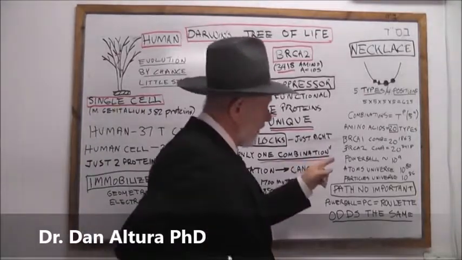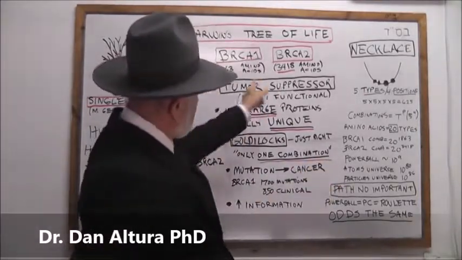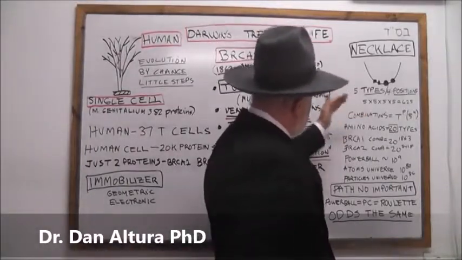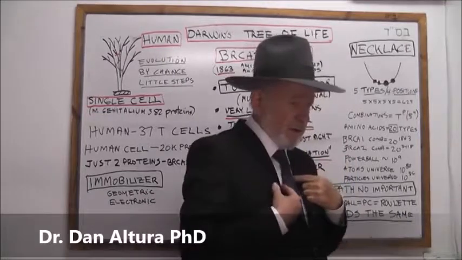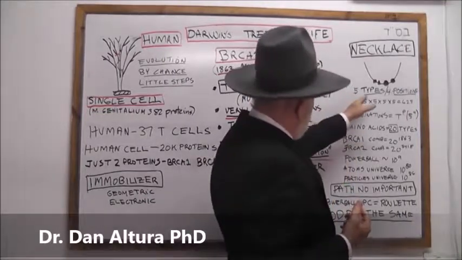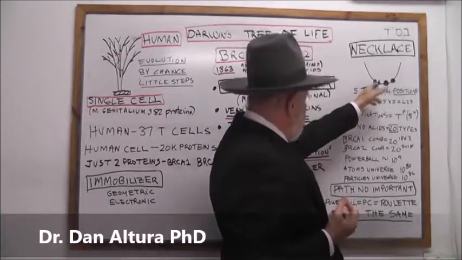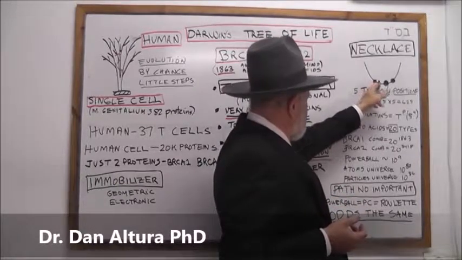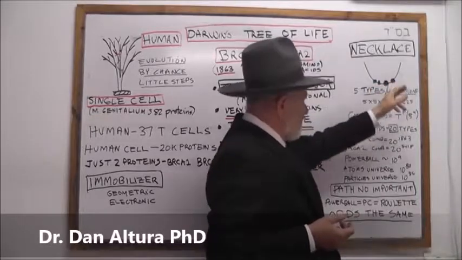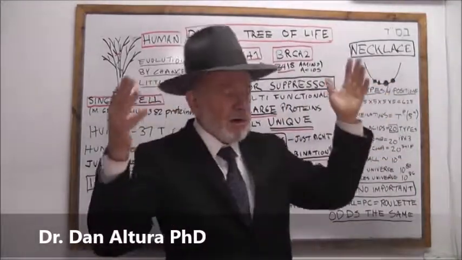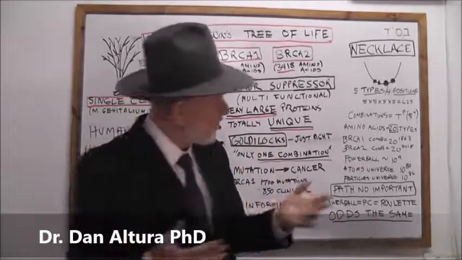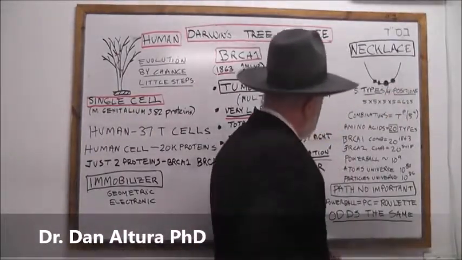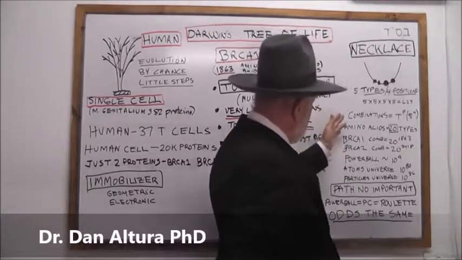Let's take a look and see how many combinations we have for both of these proteins. First of all, let's take a simple example of a necklace. One around the neck. Let's say we have 5 types of pearls. Here I just show 4: a square, a triangle, a circle, a hexagon, maybe one more, an octagon. There are 5 different kinds of pearls, but the necklace only has 4 positions. So how many different combinations are there?